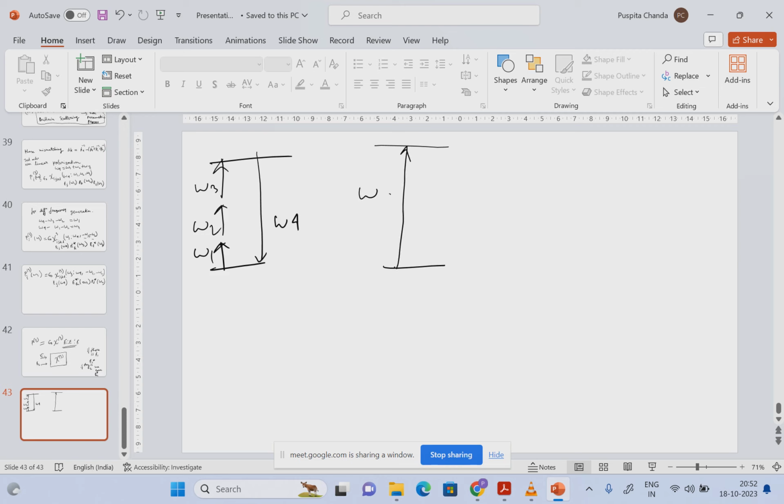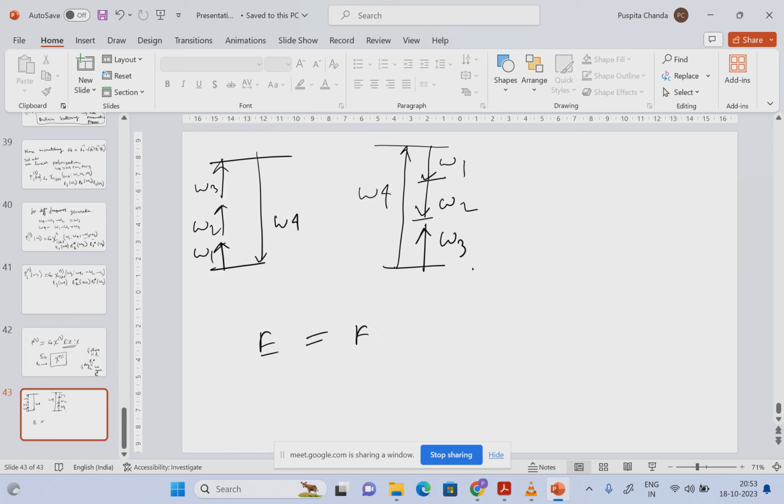At the same time, omega 4, when we subtract omega 1 and omega 2, we'll get omega 3. So E1 and E1 star reside at the same time.